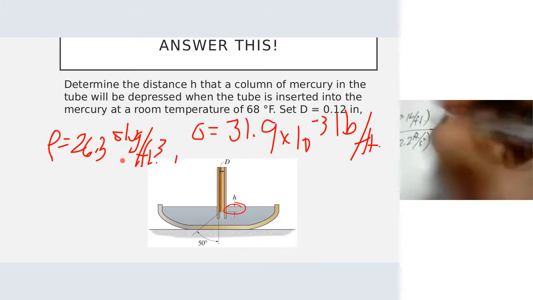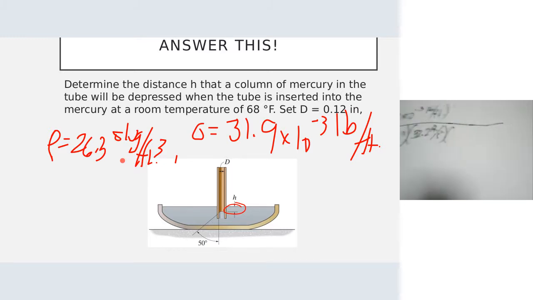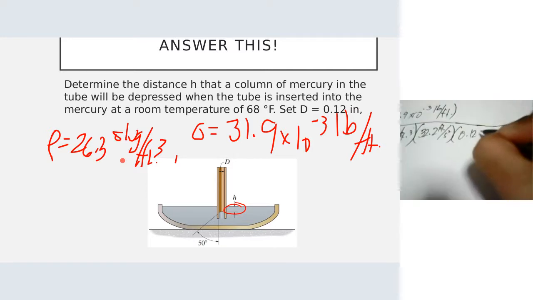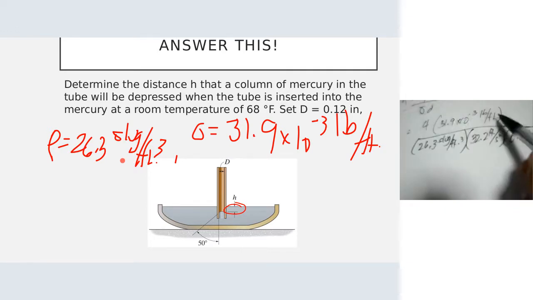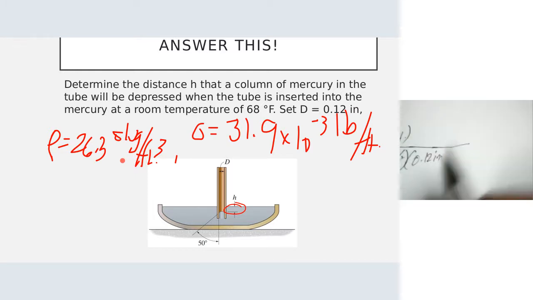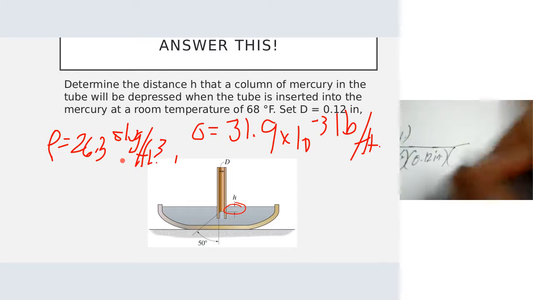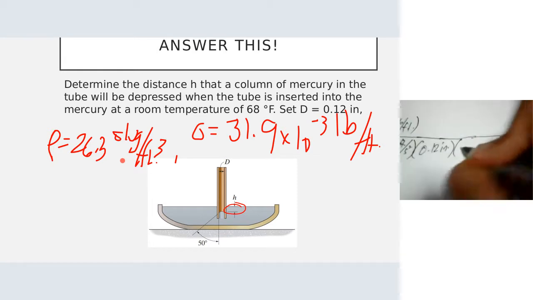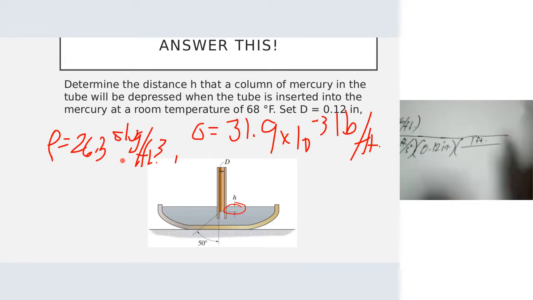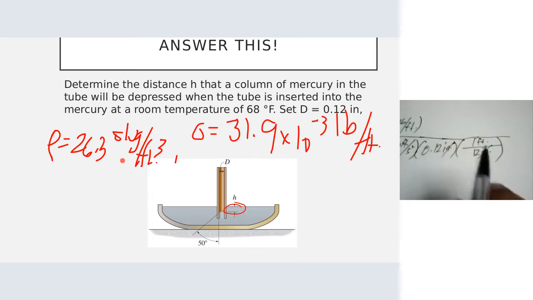Okay, ito. We have to multiply pa yung diameter. So ang given is 0.12 inch. Lahat ng unit natin so far is naka-feet. So we have to convert this. So 1 foot is equal to 12 inches. Ma-cancel yung inch, mapalitan ng feet.